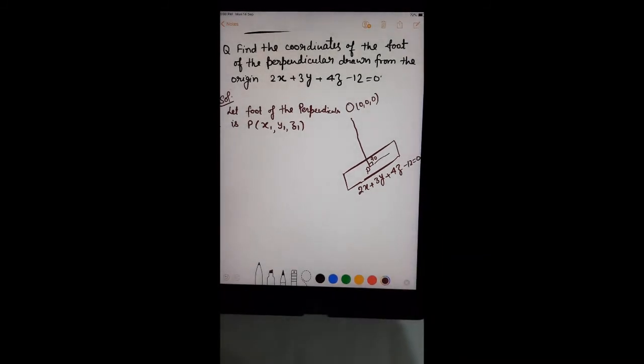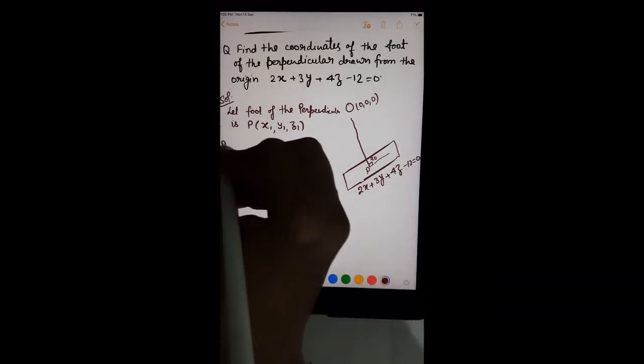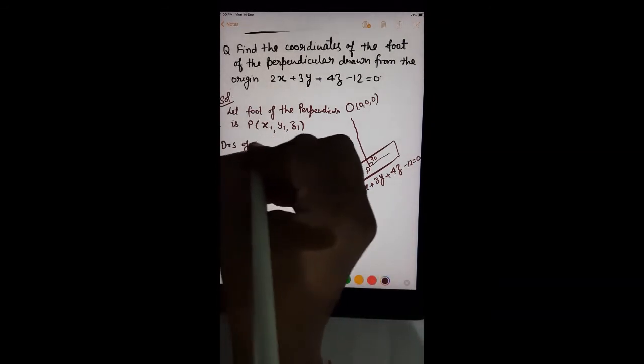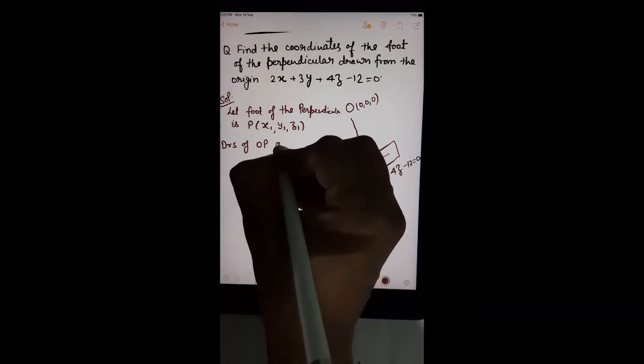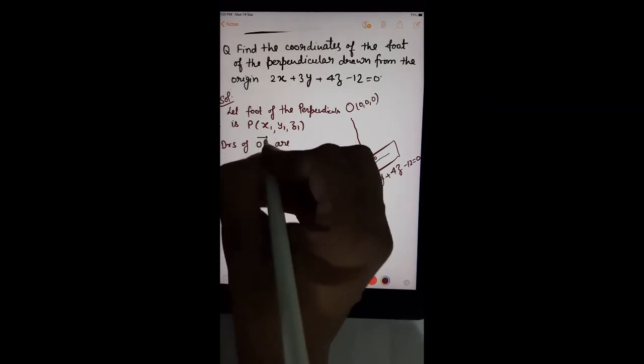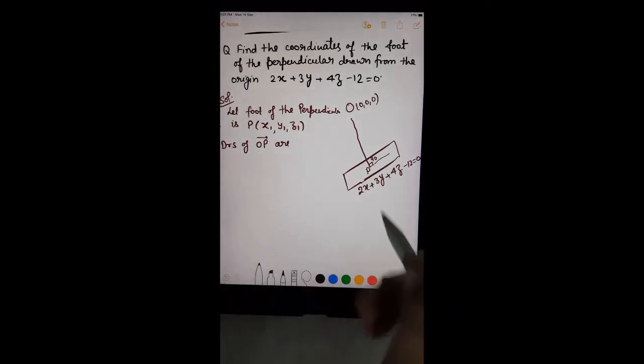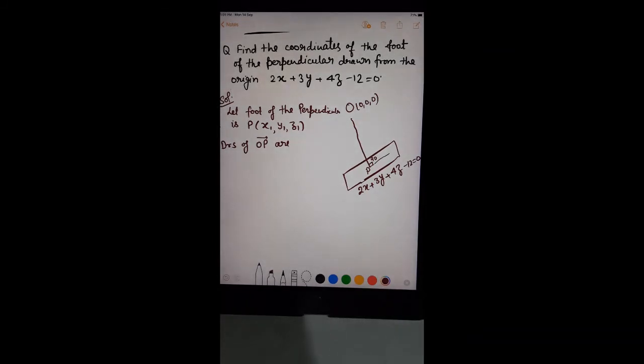Now we can find the direction ratio of line OP. If a line is passing through 2 points, then the direction ratios of that line are x2 minus x1, y2 minus y1 and z2 minus z1.